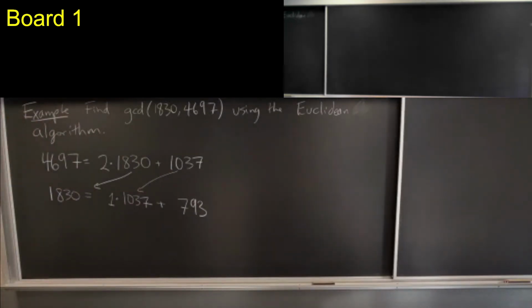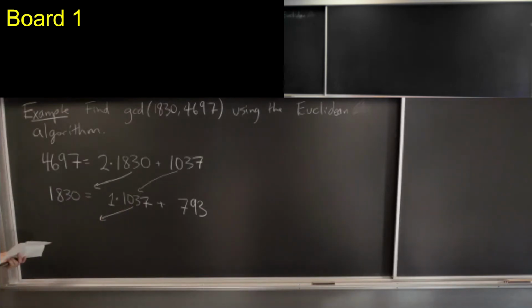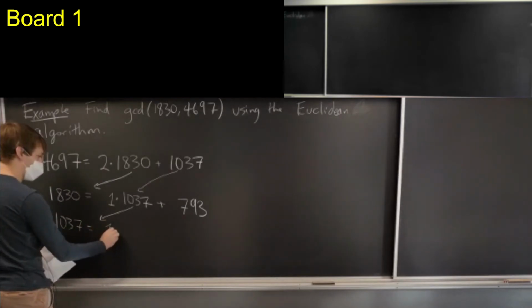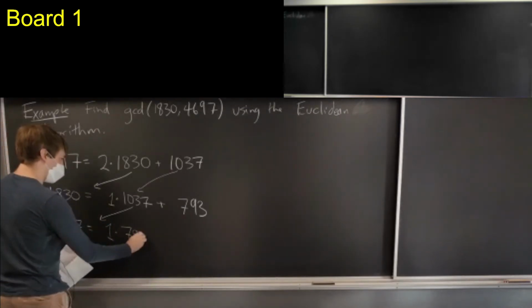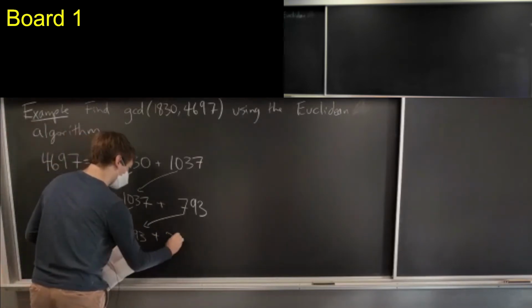You just keep doing this until the remainder is 0. So 1037, you can write as 1 times 793 plus 244.